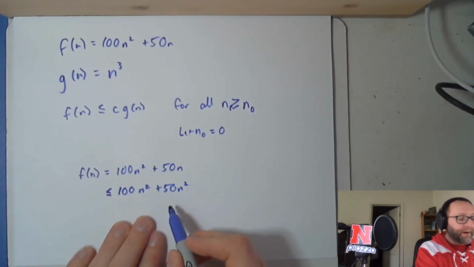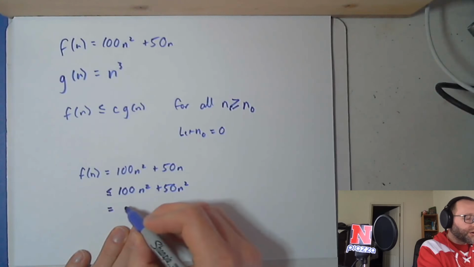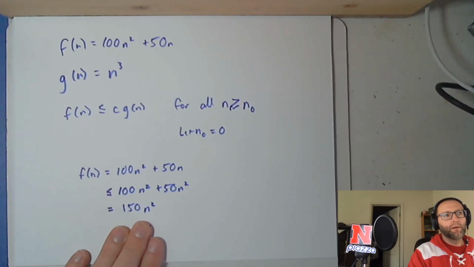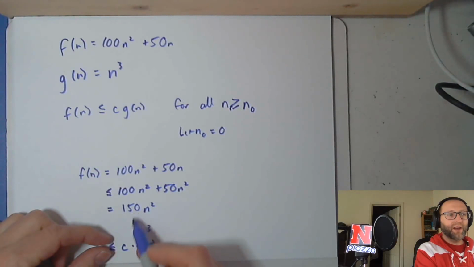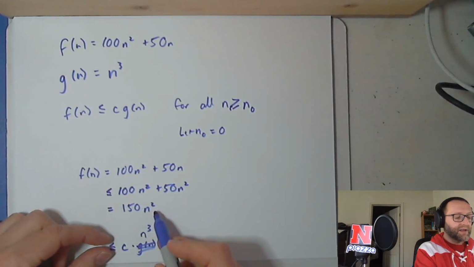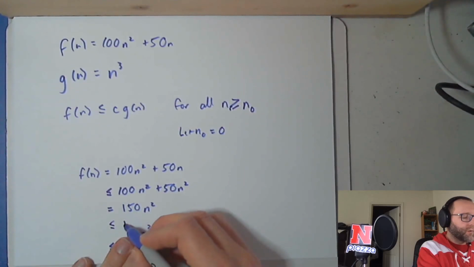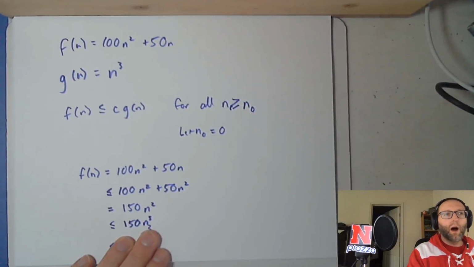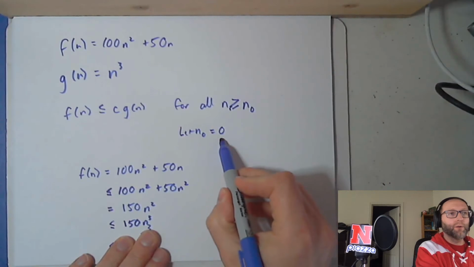Well, I've made this bigger, and now I can consolidate it to one term. This is now equal to 150 n squared. Now, I've gotten down to one term here, and I've got something that looks suspiciously like a constant. I just need to make this a little bit bigger. This is less than or equal to 150 n cubed. Why? Because n squared is less than n cubed for all n greater than or equal to 0.